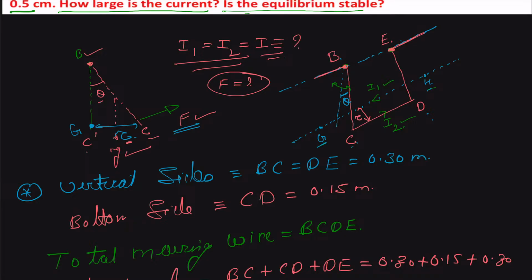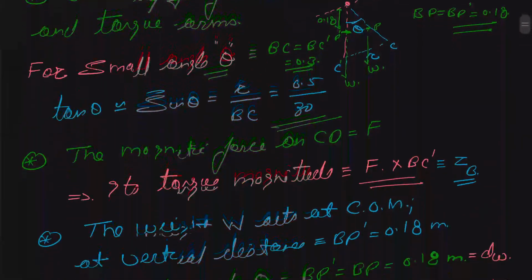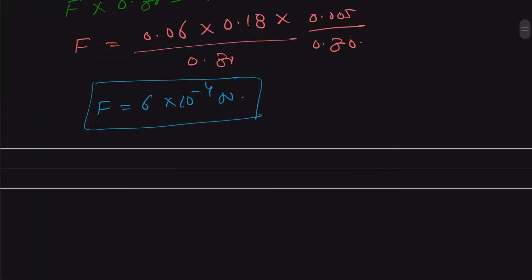So both are going to produce a torque in opposite directions, and it will be balanced by them. And in this case we have to assume that the angle theta is very small. So we got the value of our force.